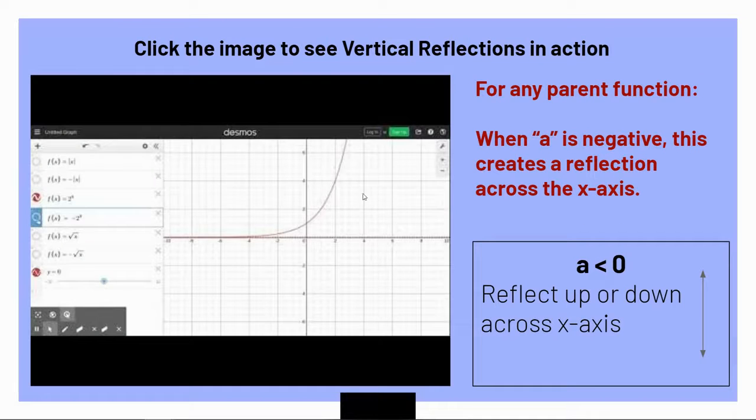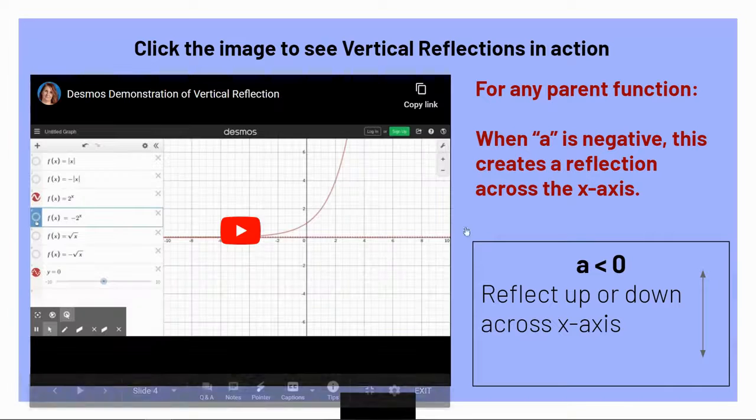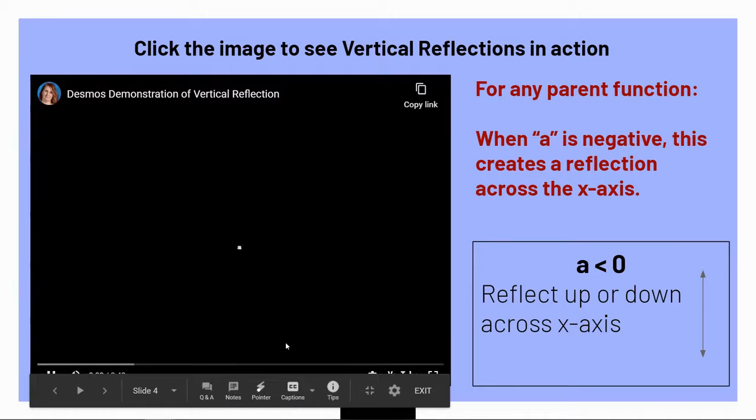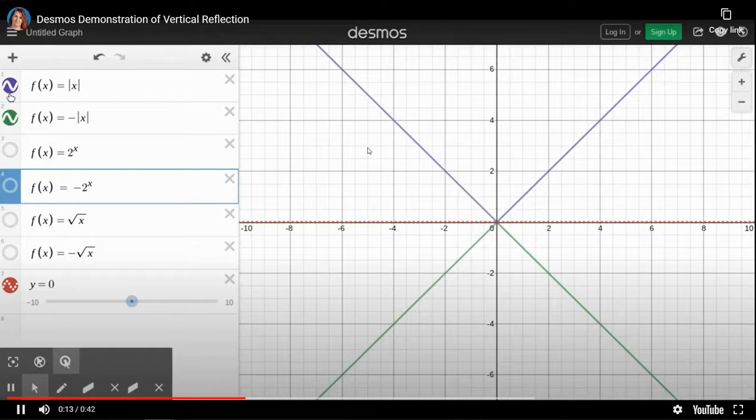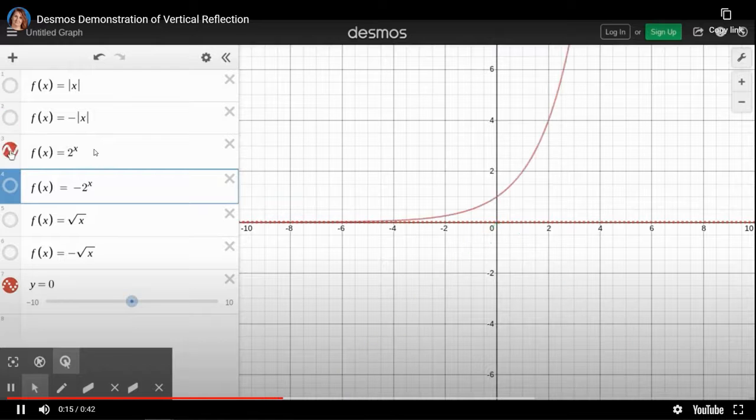Well, there doesn't seem to be much of a reflection there. So let's look at some that would show reflections. We have the absolute value of x, and when we do the negative absolute value of x, this one reflects down. Now we'll do the exponential function of 2 to the x. We have the exponential and it reflects across the x-axis.